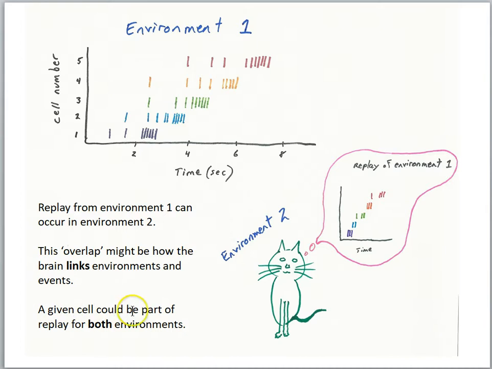And a given place cell could be part of the replay for both environments. So when the animal's in environment 2, it may be reactivating a memory of environment 1 because there might be some relationship between environment 1 and environment 2. And so by reactivating these memories, the animal's brain may be linking these memories for events in environment 1 and 2.